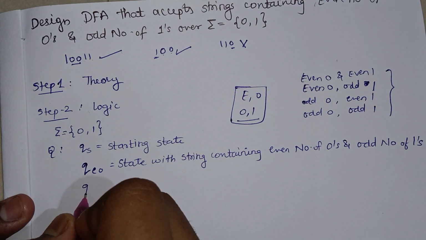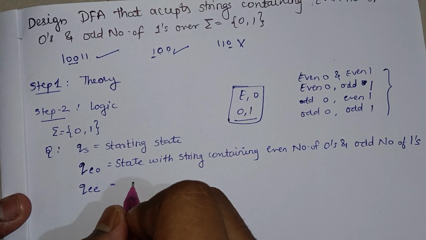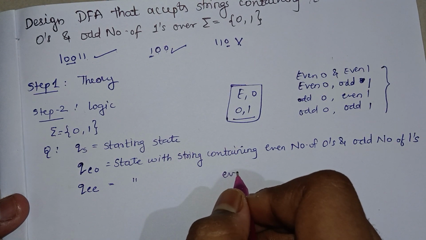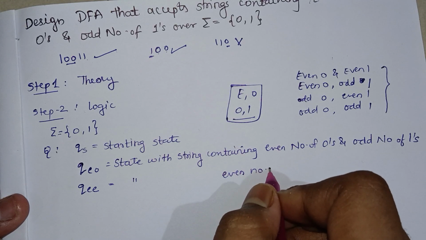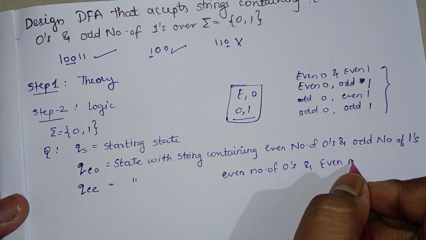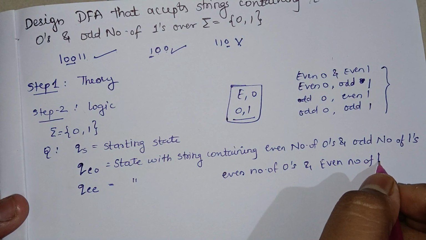Same, I will take QEE. It is the state with strings containing an even number of zeros and an even number of ones.